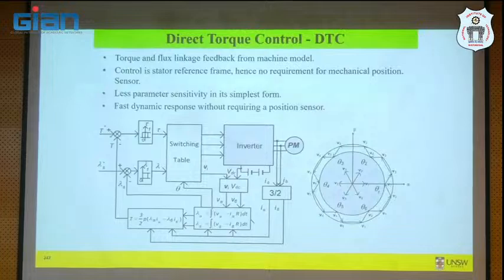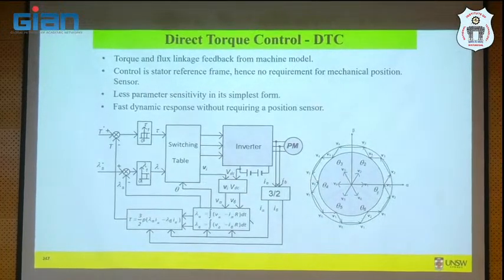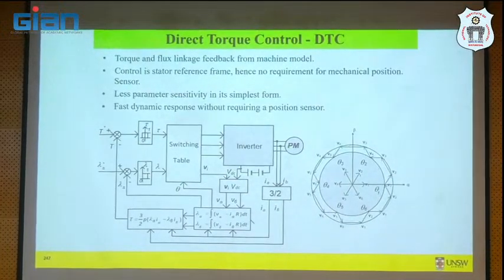And then look at the DTC. So DTC again, the main difference between DTC and FOC is that in FOC you have the speed controller and then you have the current. So you are controlling current, even though you want a certain torque.